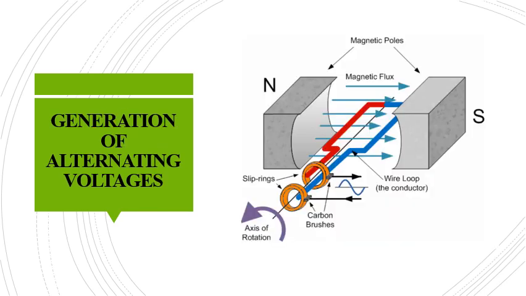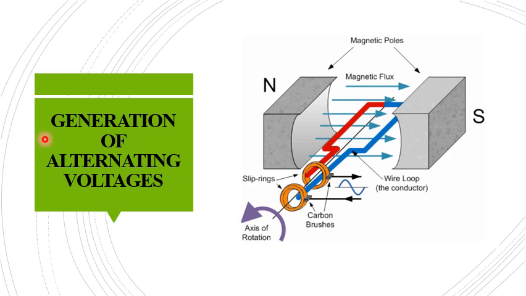Next, we can see the generation of alternating voltage. A sinusoidal voltage can be generated either by rotating a coil in a stationary magnetic field or by rotating the magnetic field while keeping the coil stationary.